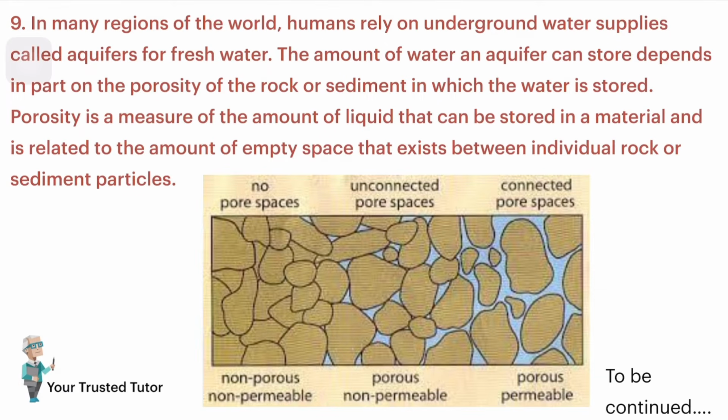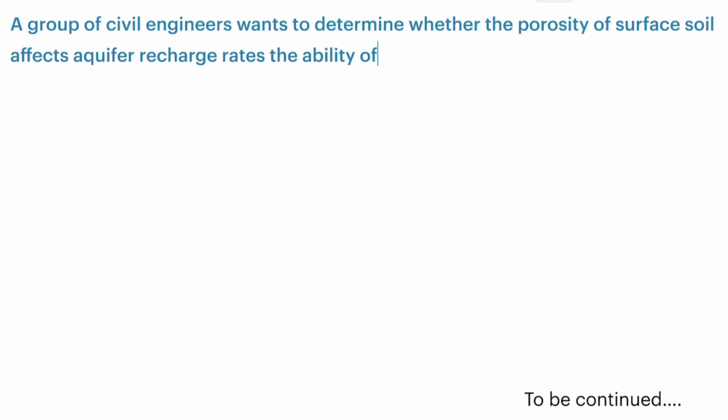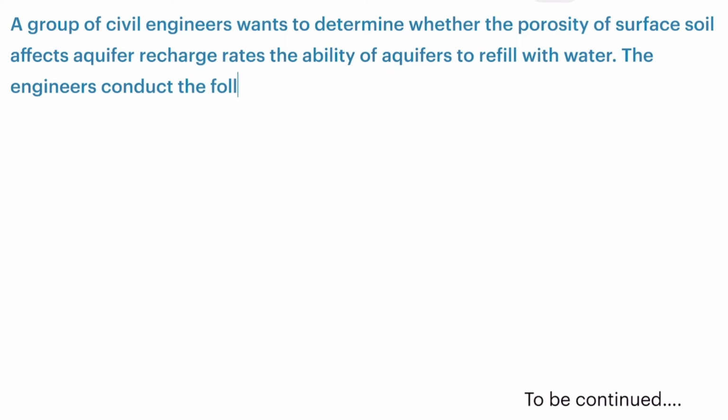Porosity is a measure of the amount of liquid that can be stored in a material and is related to the amount of empty space that exists between individual rock or sediment particles.